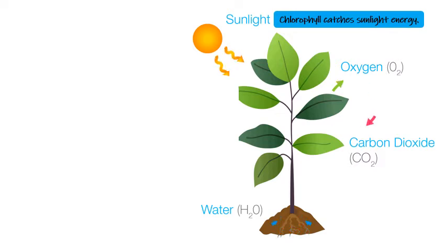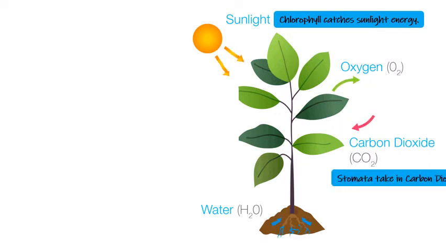This is the same diagram of the first lecture video. Okay? So, plant again catches sunlight energy using the chlorophyll, which is the green pigment that the plant has in its leaves. Okay? To take in carbon dioxide, plants use their stomata.